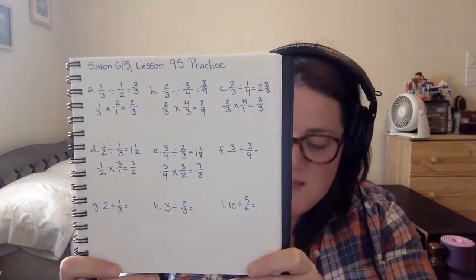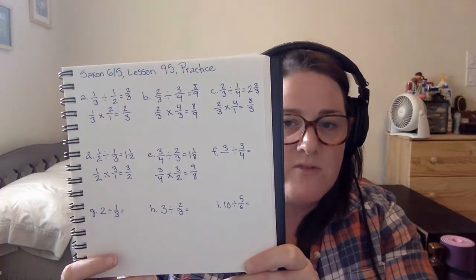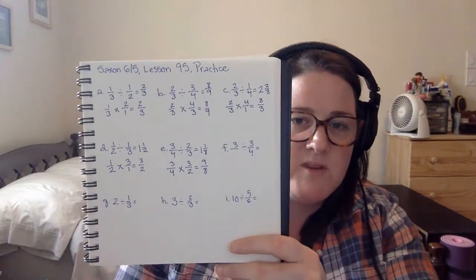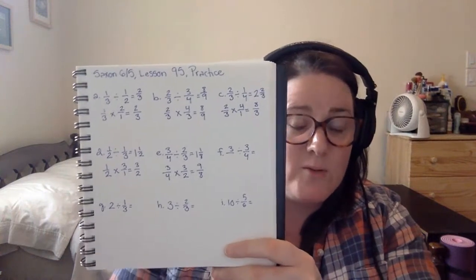Question F is 3 divided by 3/4. And you can see I jumped the gun making my 3 into the fraction. The whole number 3 is the fraction 3 over 1. My division becomes multiplication. My second fraction, I use the reciprocal. 3/4, the reciprocal is 4/3.